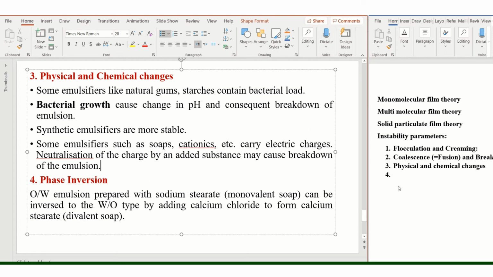Right? Now let's move on to the final unstable parameter, phase inversion. The name itself indicates there is an inversion in the phase.